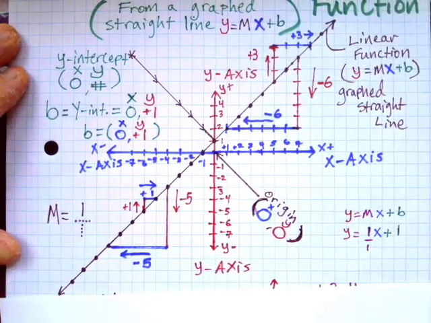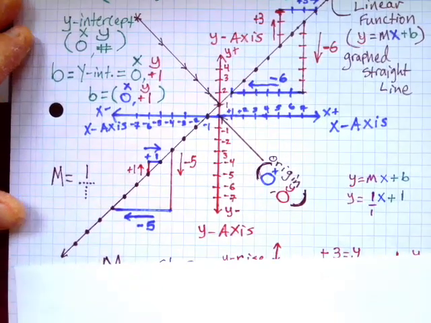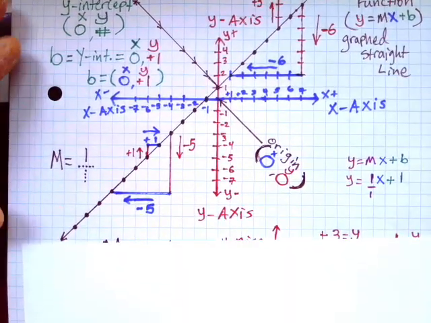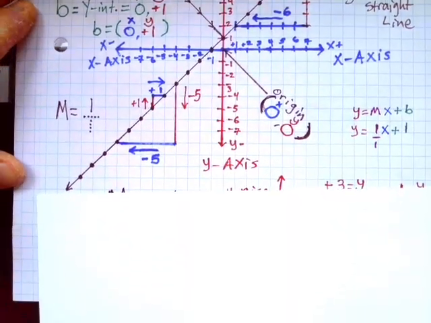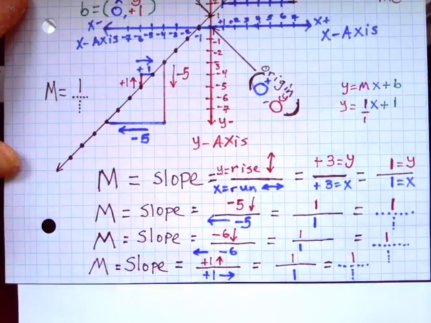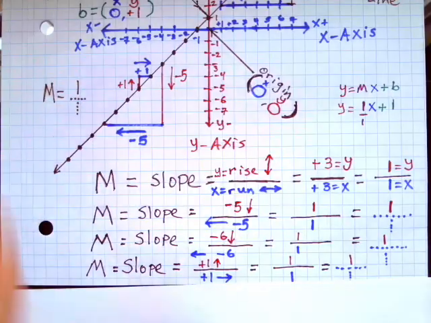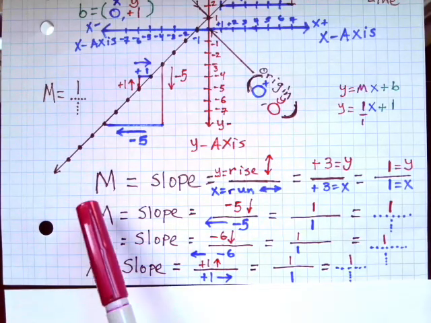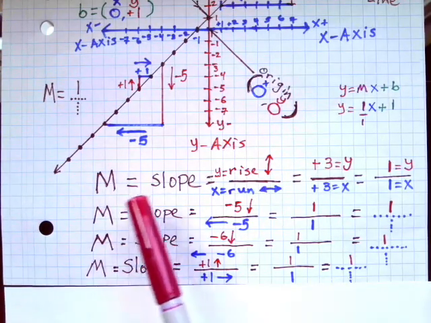All right, I'm going to go down and show you the written out explanation of all of these triangles. And if I'm going too fast, please stop, pause, rewind. I'm just showing you here again. Slope equals m. M is your slope.